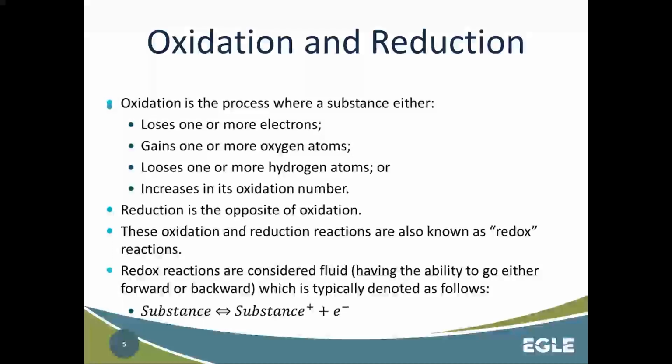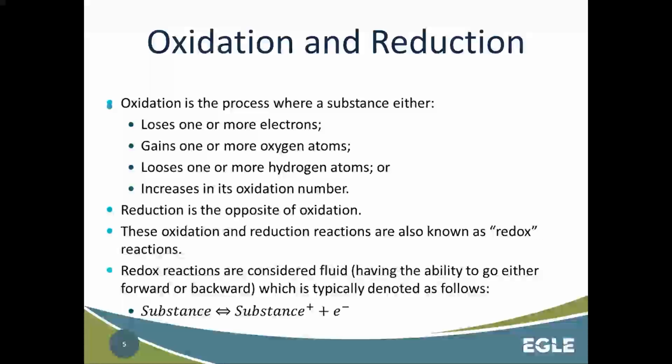I used the terminology oxidation. When we talk about oxidation, there's also the corresponding term reduction. If you've taken general chemistry, these are the reactions we get in chemical reactions. So what is oxidation itself?